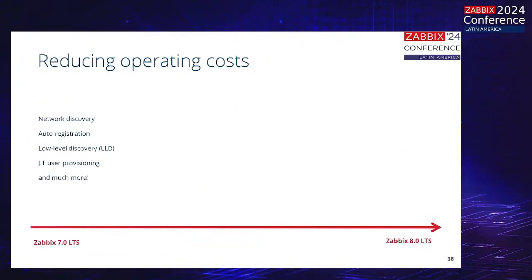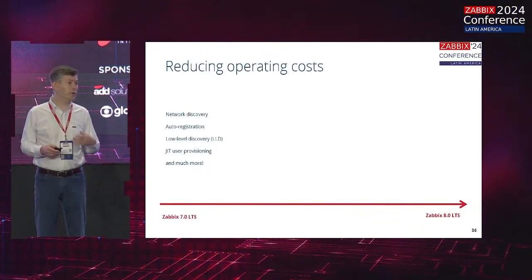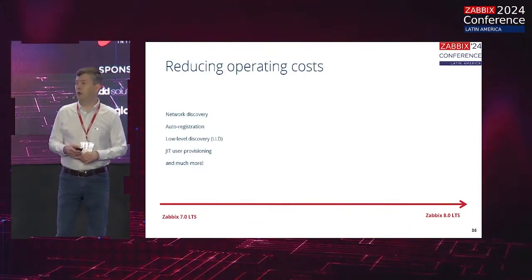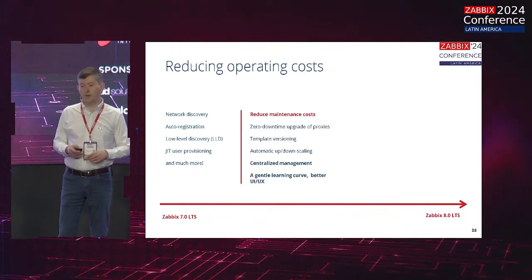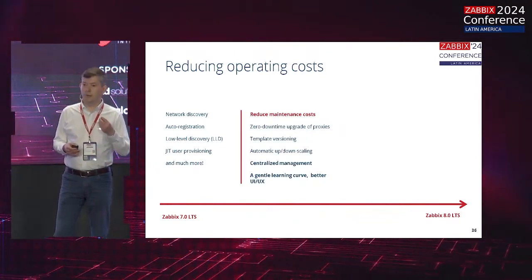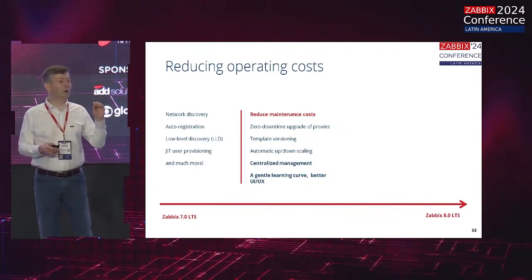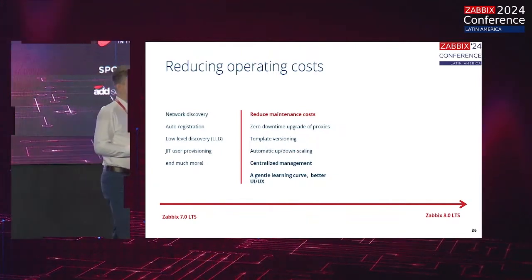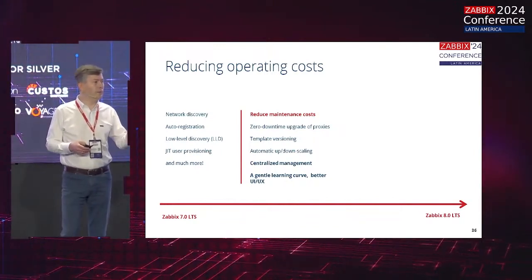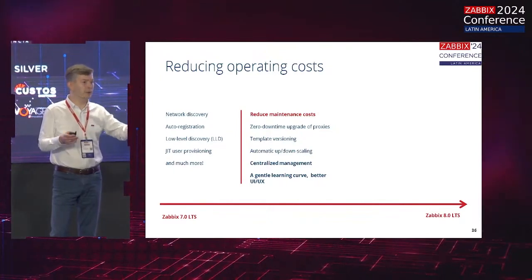So, speaking about performance and TCO, the total cost of ownership and operating cost in general for Zabbix. It's about performance, and it's about spending less time on maintenance of Zabbix. For example, before we needed to deal with the timeouts, and it was not so easy. But now it's very, very easy.